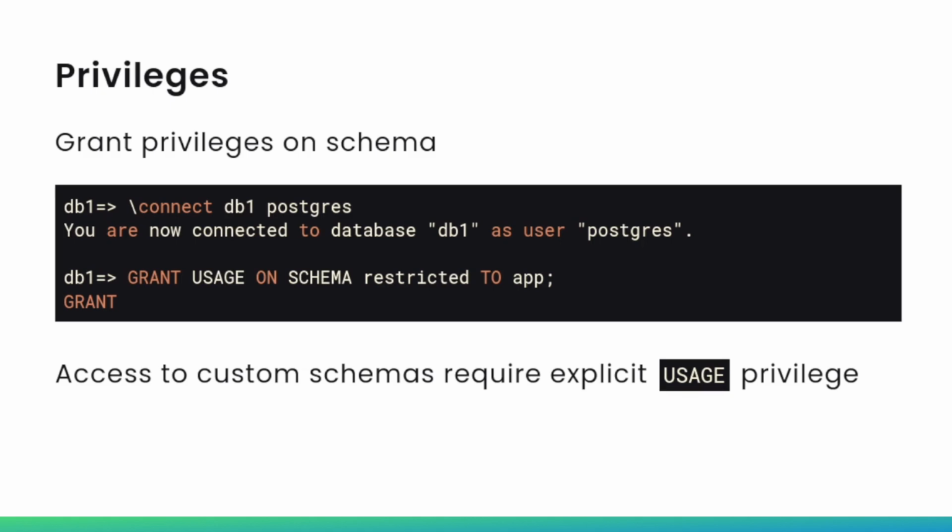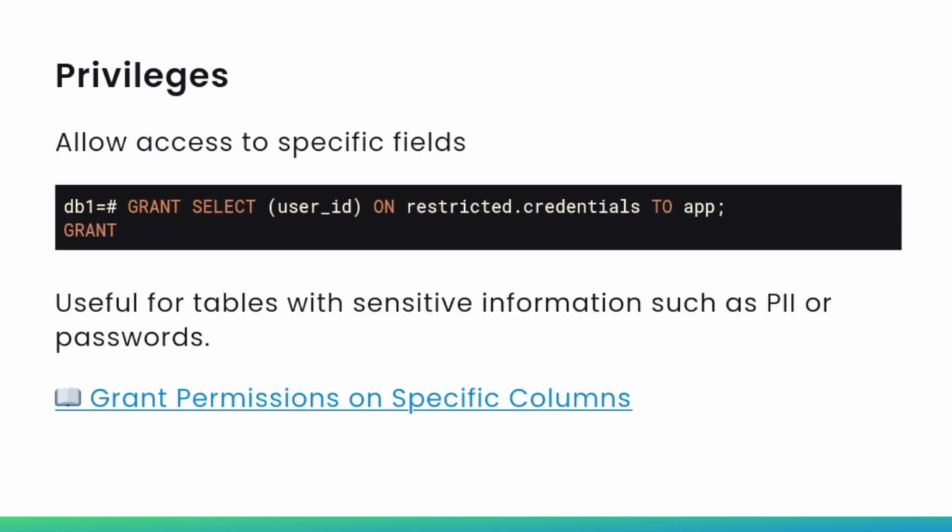This is what it looks like. Grant usage on schema with the name of the schema, in this case restricted, to the name of the user, in this case app. Only after we do that, we can start granting permissions on objects in the restricted schema to user app.